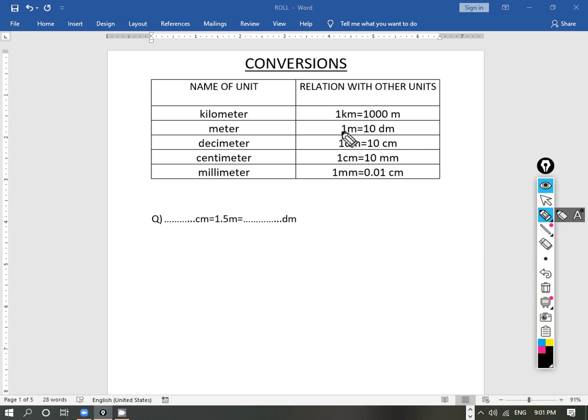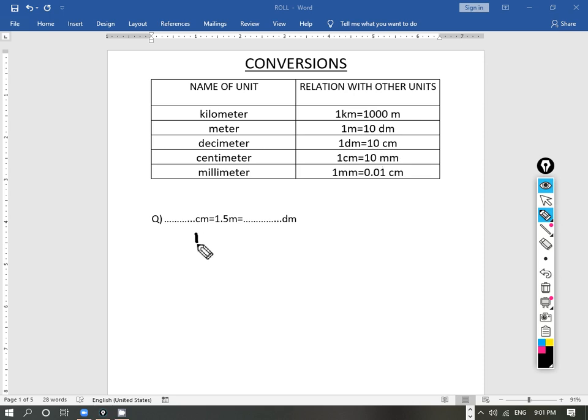We know that 1 meter equals 10 decimeter, then 1 decimeter equals 10 centimeter. So we multiply by 10, and then we get that 1 meter equals 100 centimeter. And this we know also.